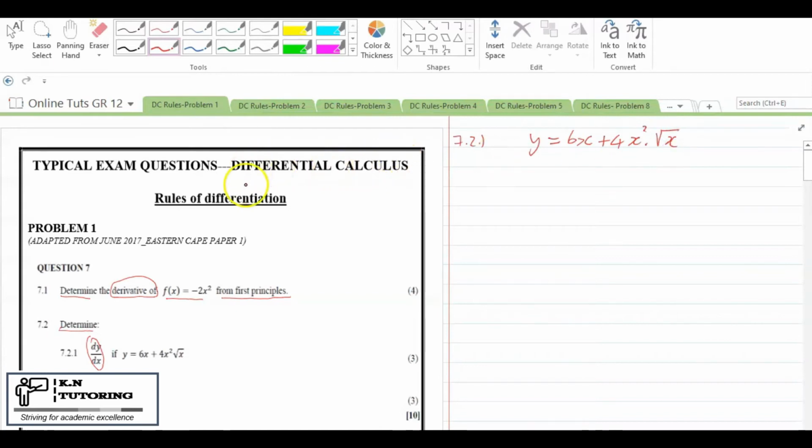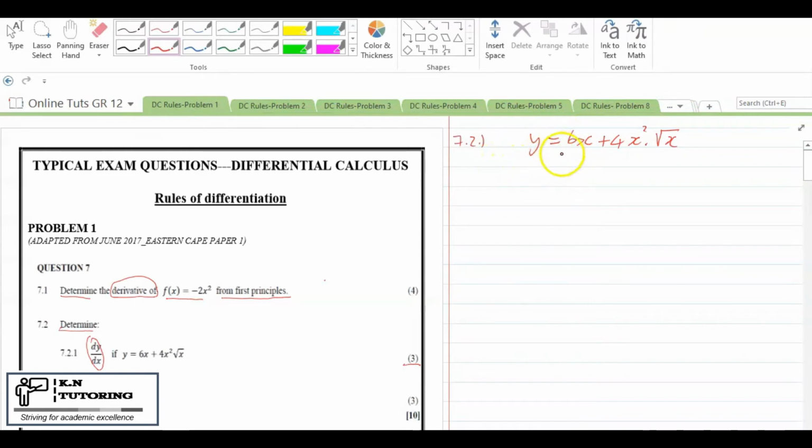Now this question is 3 marks. We are given the notation that we need to use when we start differentiating. But the first thing we have to do is simplify, because we can't differentiate an equation like this.